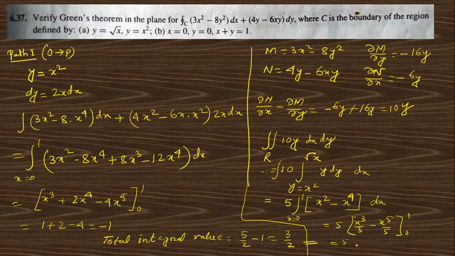So this is 5 times 1 by 2 minus 1 by 5, that is 3 by 10, so this is 3 by 2.